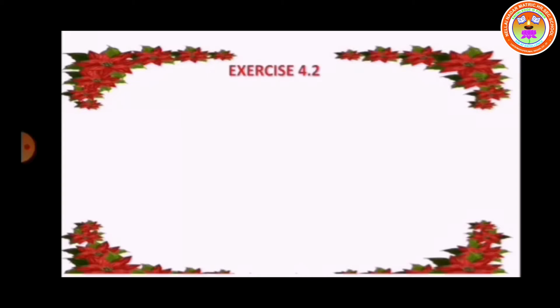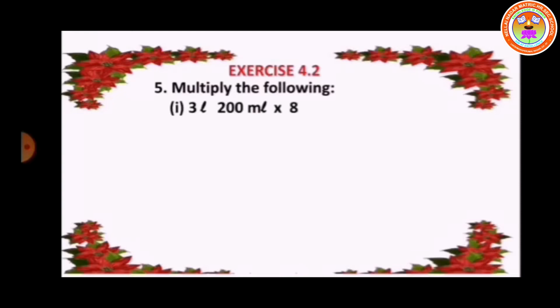Exercise 4.2, fifth sum, multiply the following. First one, 3 liter 200 milliliter multiply by 8. First you have to arrange liter, milliliter.